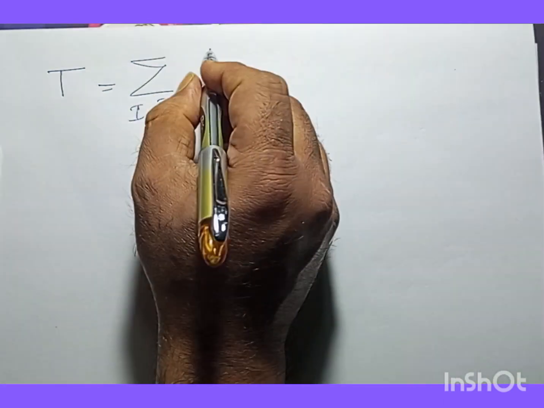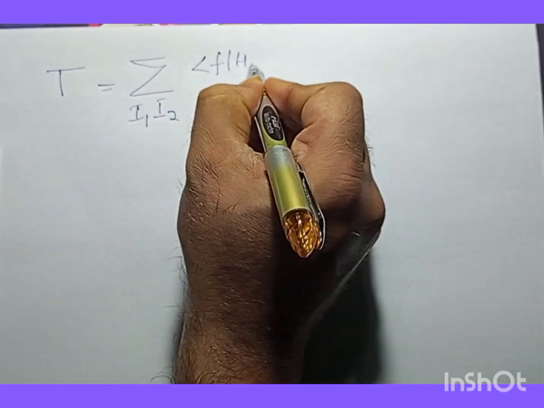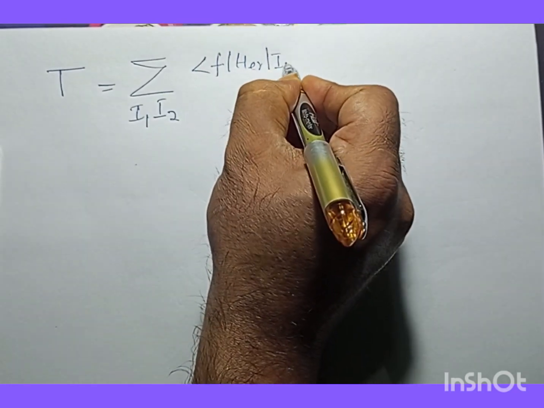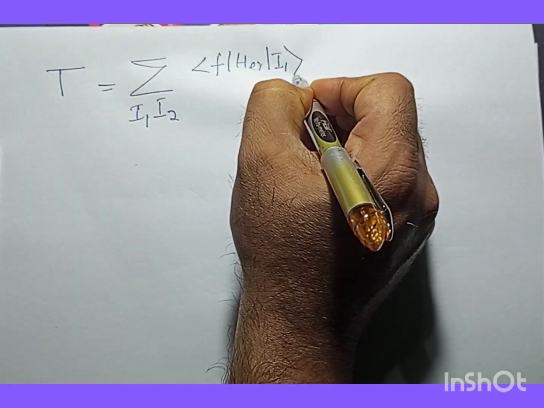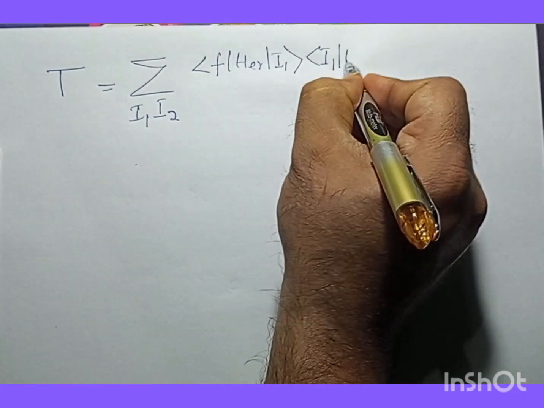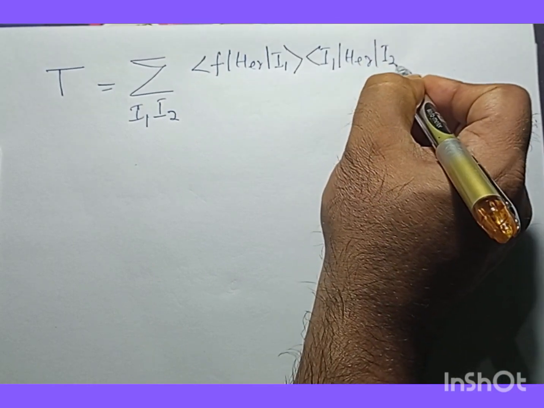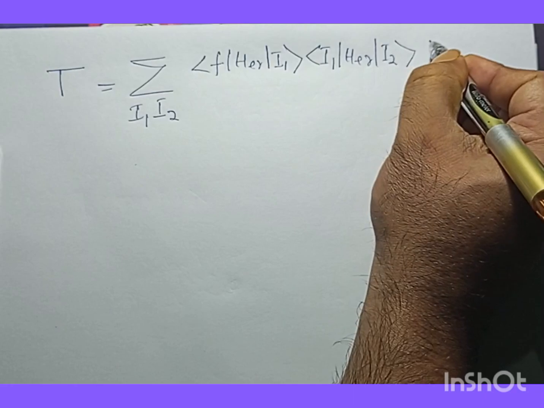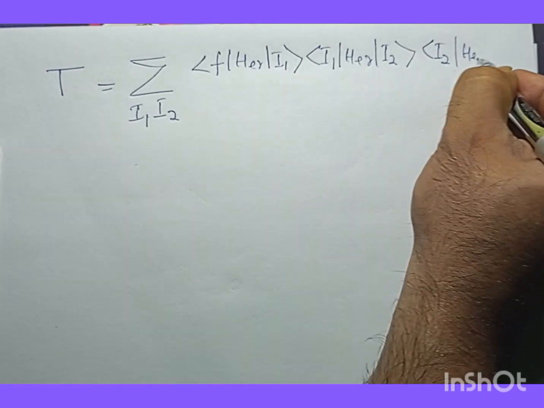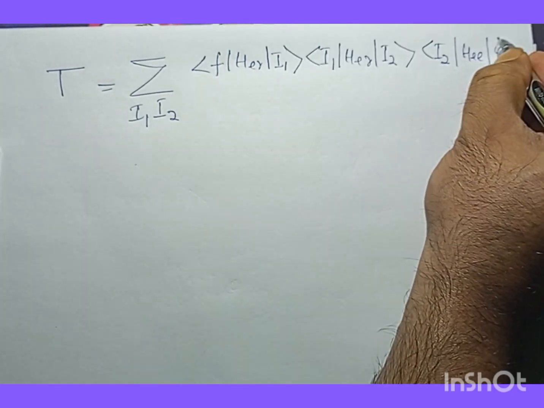So we can write this down as the matrix element of H_ER, then I1, then H_ER, then another state I2, with the final state, and H_EE, the electron-hole pair, and the ground state.